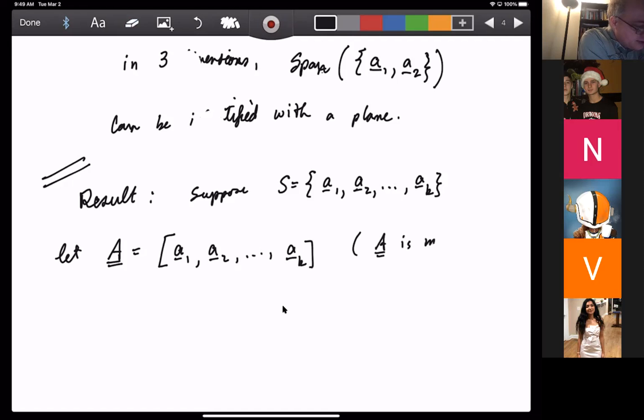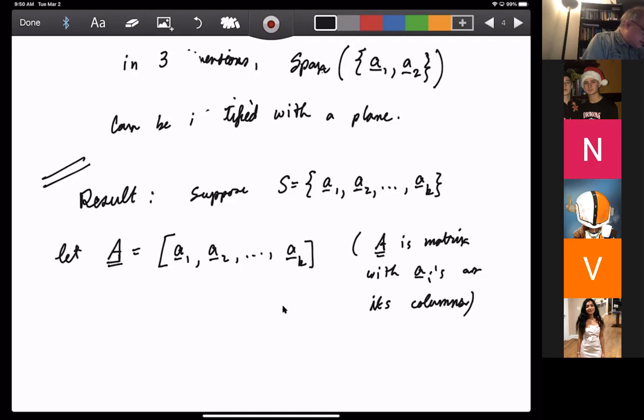A is the matrix with A sub i's as its columns. So S is the set of the vectors. We build a matrix using those vectors as the columns.